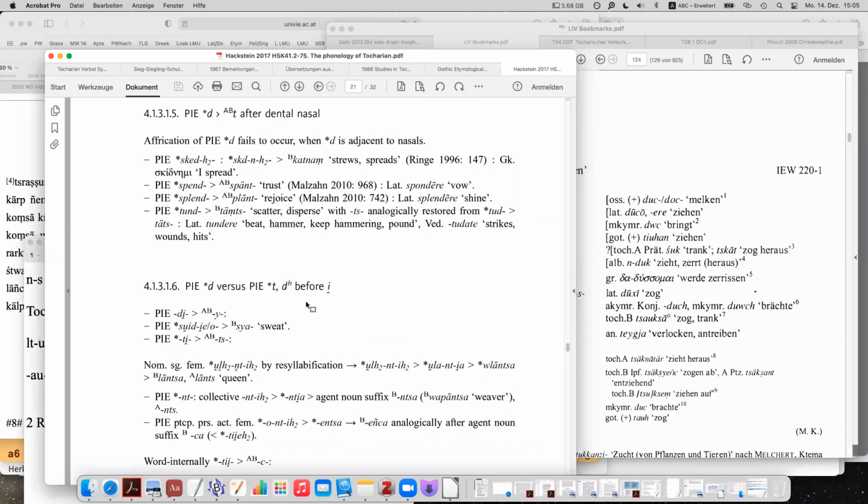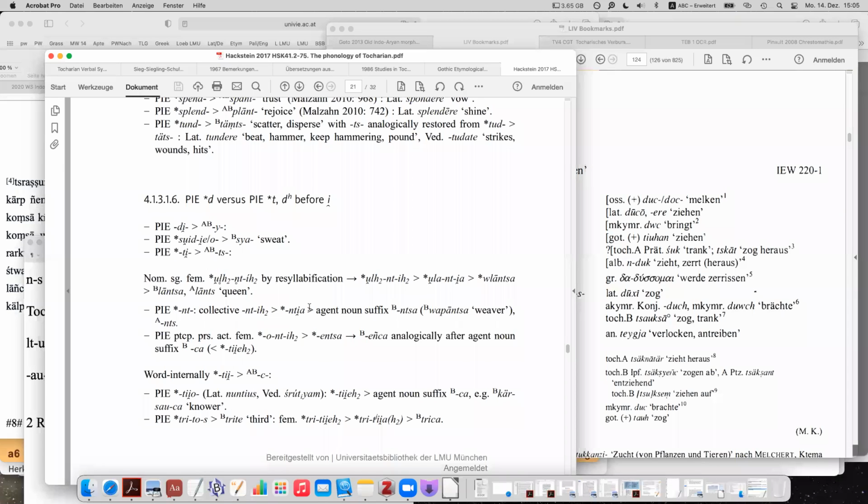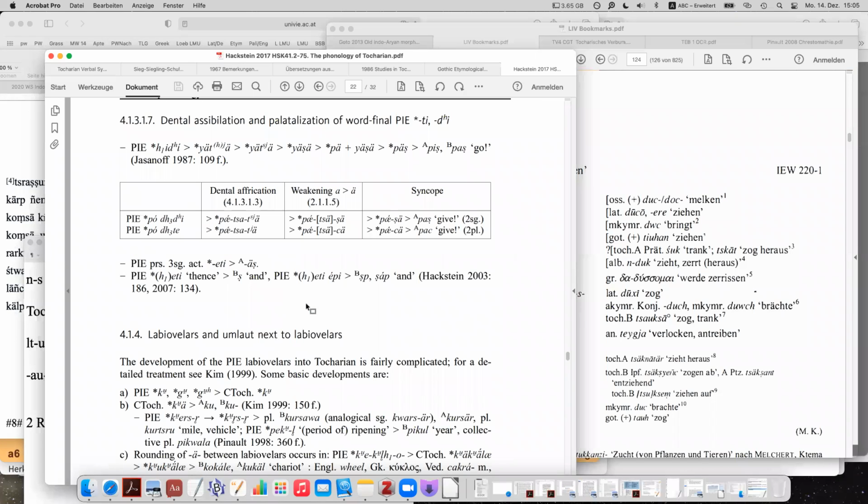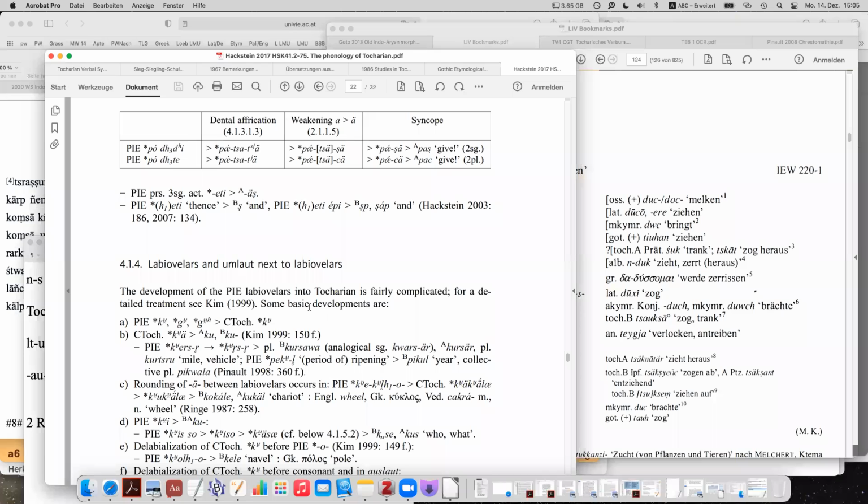If you are interested, you can check the paper by Hackstein. It's really complete and well structured. It's pretty clear. I think it's much better than some other papers in the same volume.